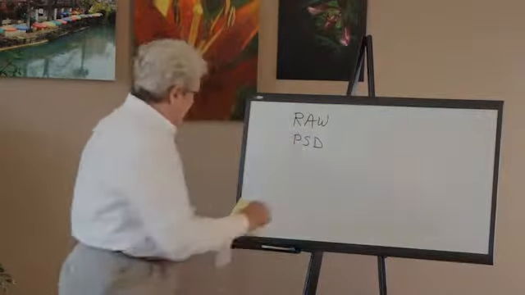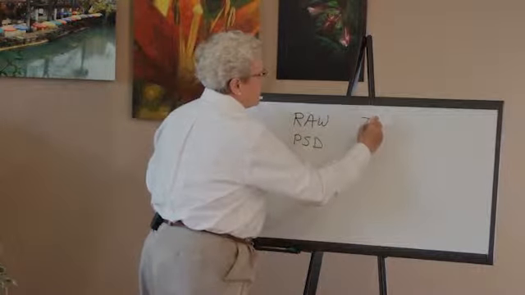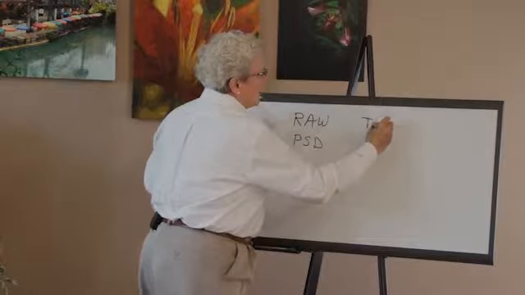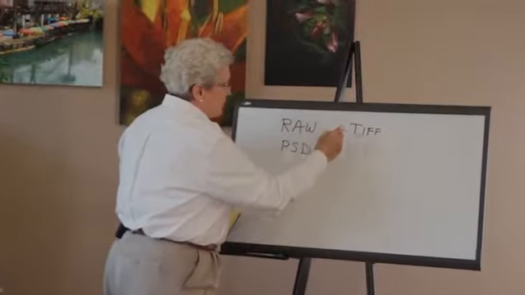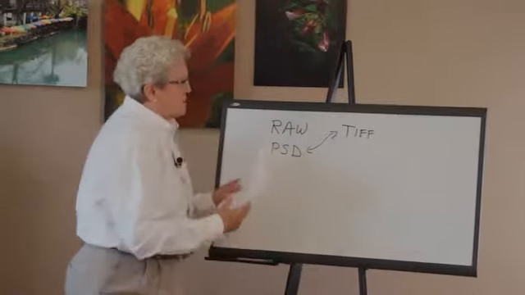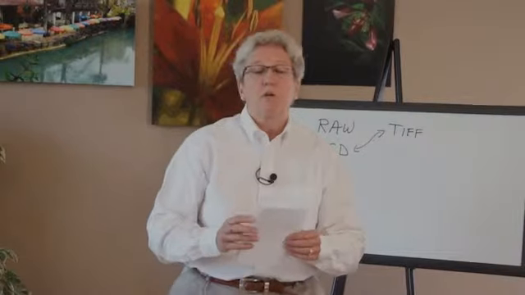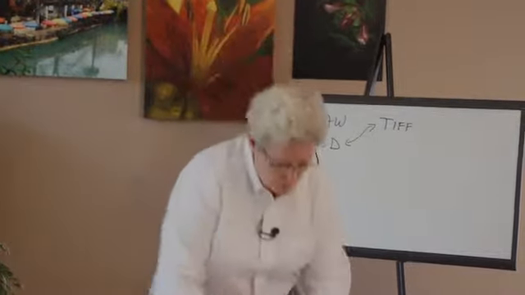The next one that you will hear about is TIFF. A TIFF file is very similar to a PSD file. In a TIFF, you'll see in the cameras, it will say TIFF, and you can set it to record in a TIFF format. Now, a TIFF is equivalent to this.